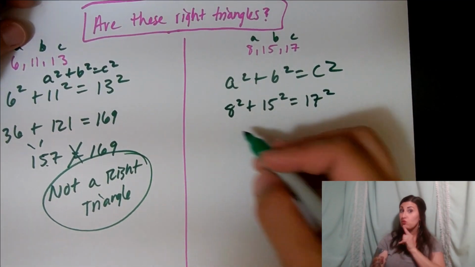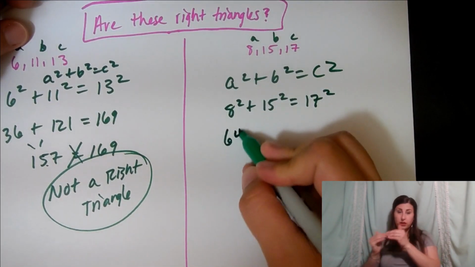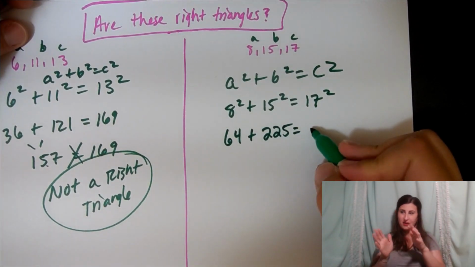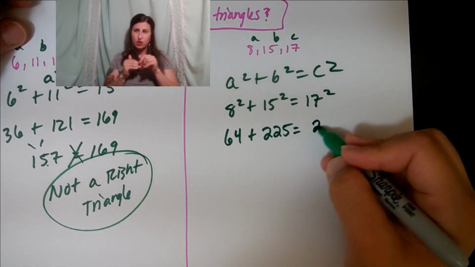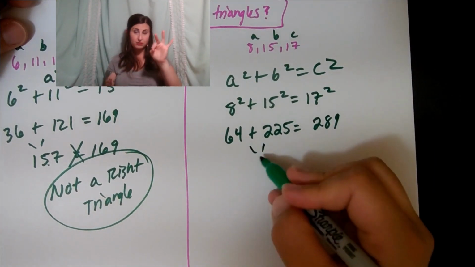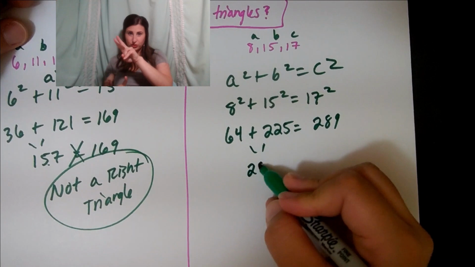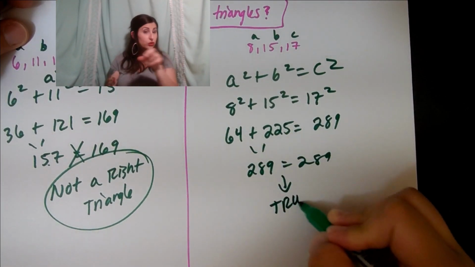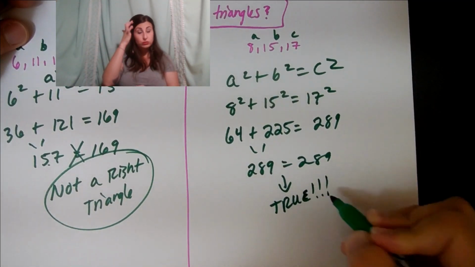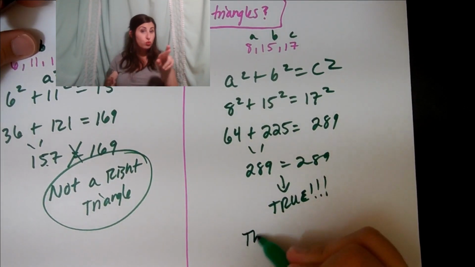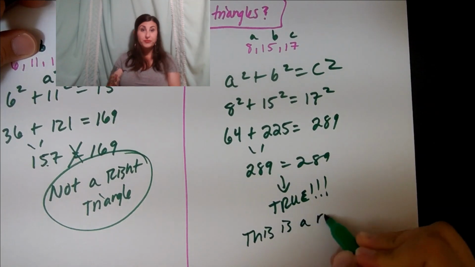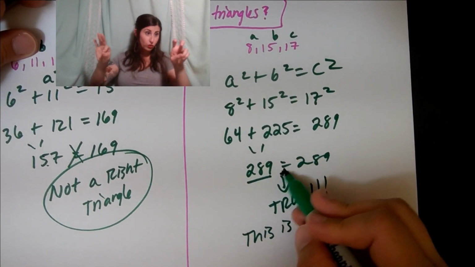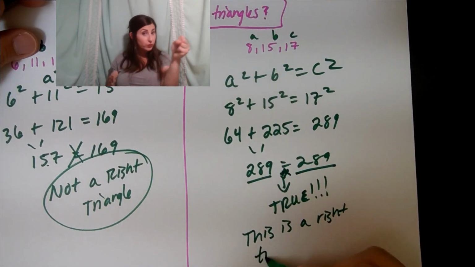Let's see if this is true. 8 squared is 64 plus 15 squared, which is 225, which equals 289. 64 plus 225, that's 289, equals 289. This is true. So this is a right triangle. 289 does equal 289.